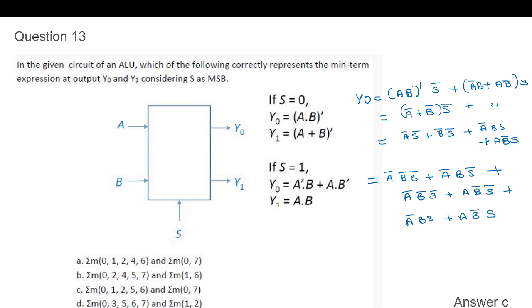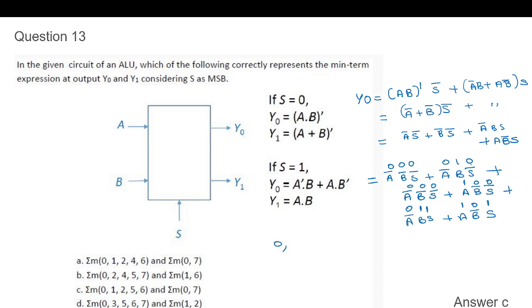With this, can you tell what are the min terms? These are 0, 0, 1, 0. And I have written S as LSB. S should be MSB as per the question. So while writing min terms, we will take S as the first bit.